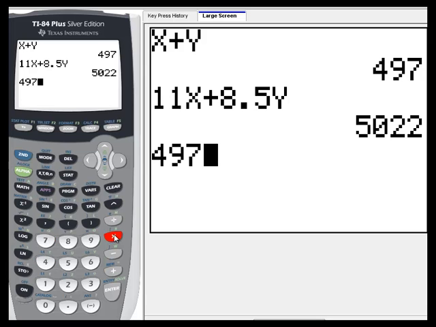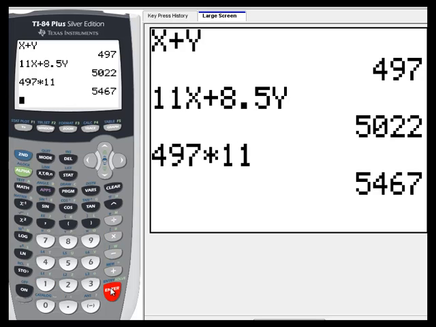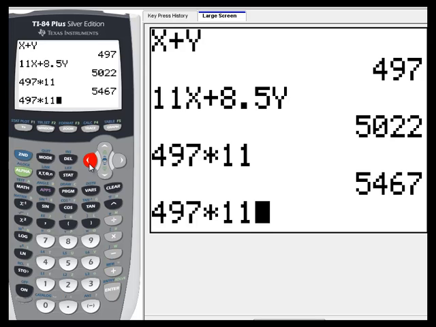Okay, so 497 times 11, an all-adult case. Receipts then would be this, 5467. In the all-student ticket sales case, and you can do this sometimes, anytime you're doing a repetitive calculation where you just need to change one number, you can use second entry, come back with something previously entered, and then we can just go back and overwrite the 11 with an 8.5.